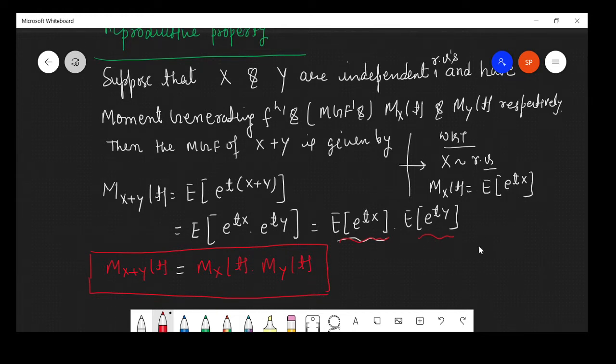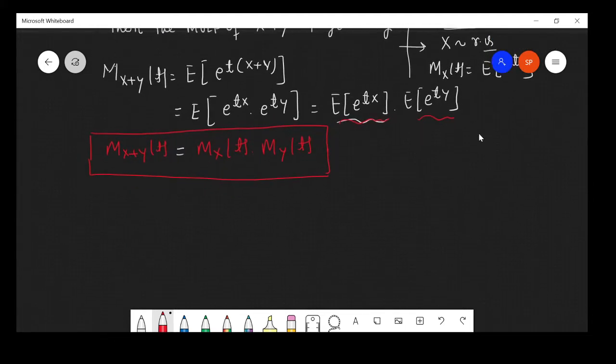This is for two random variables, where we write directly in product form. In general, the moment generating function of X1 plus X2 plus up to Xn at t is M_X1(t) times M_X2(t) up to M_Xn(t).